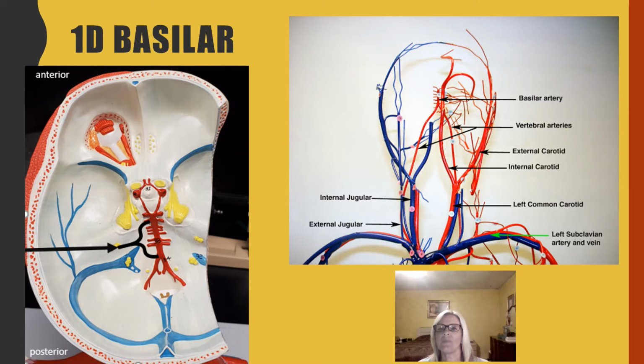So next we have the basilar artery here, basilar artery. It branches off from the vertebral artery. You can see it here inside from the superior view looking downward, and you can follow it here as well. You can follow the vertebral arteries on both sides, and then it branches up to the basilar section there.